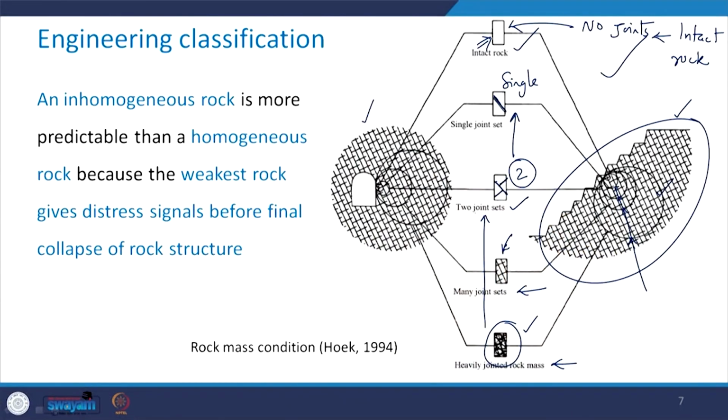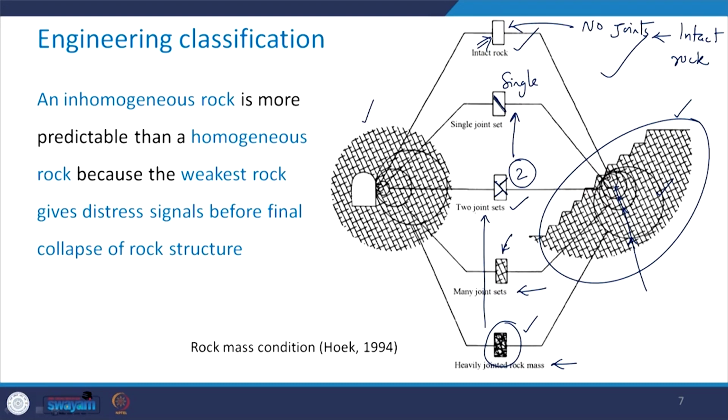So two things we need to keep in mind. First, when we reduce the specimen size or the sample size, the same heterogeneous rock can be taken as intact rock. It depends upon the specimen size.